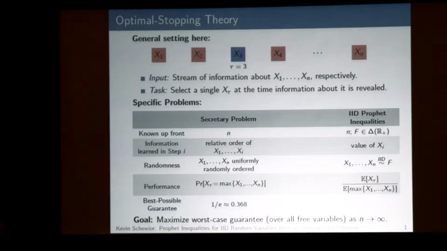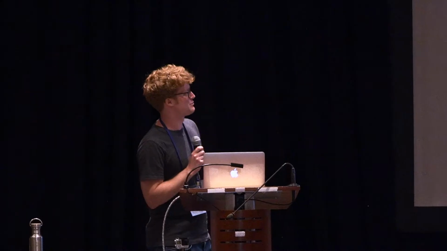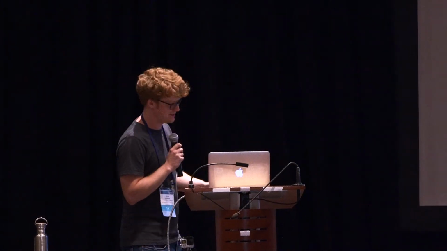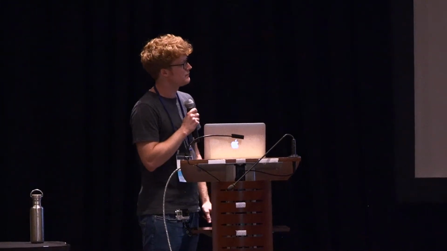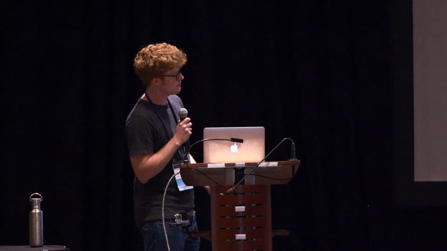Then another problem within the setting is the I.I.D. prophet inequality. Here, besides n, you also know a probability distribution F on the positive real numbers, and in step i, you learn the value of xi. The randomness now is that all the values xi are drawn from the distribution F, I.I.D. And the performance is measured a little differently.